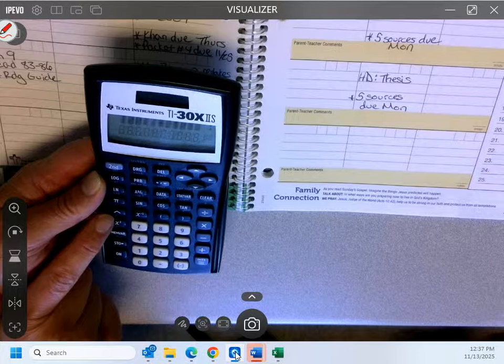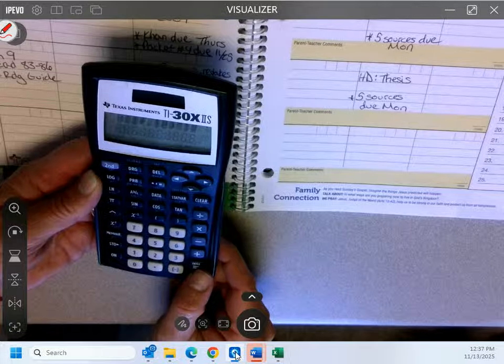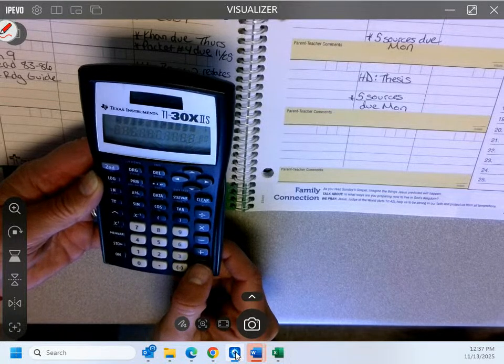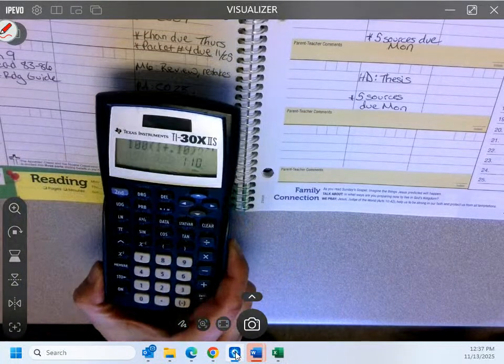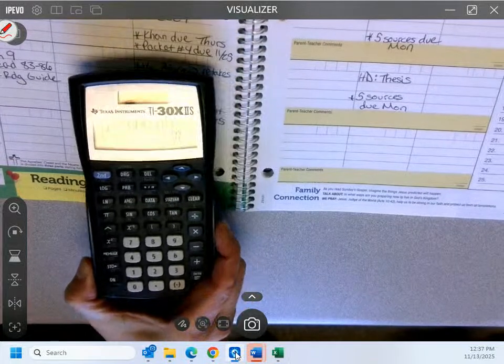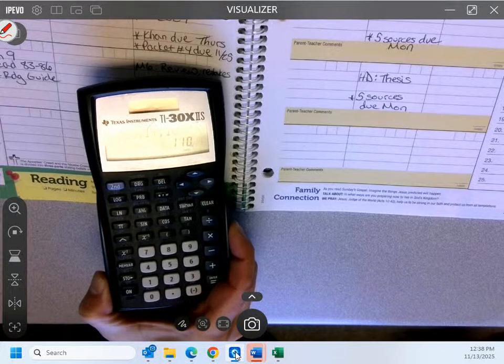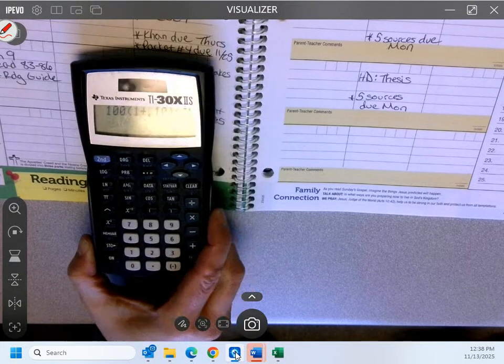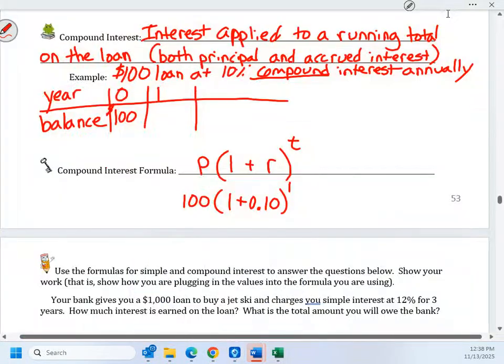So remember that little arrow up to the first power, because it's 1 year. So you need that little caret to make it go to that exponent. Doing it that way, you should have gotten that same 110, because our exponent was only 1. So it didn't change from our simple interest for 1 year, because we were just working with the exponent of 1. So it would still be 110.